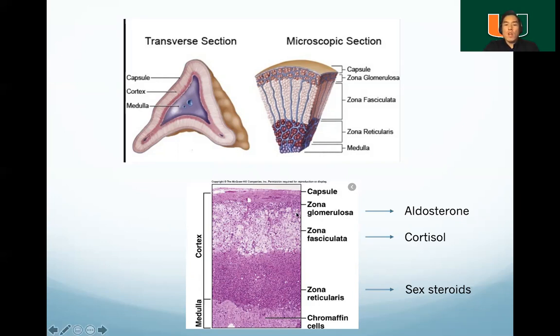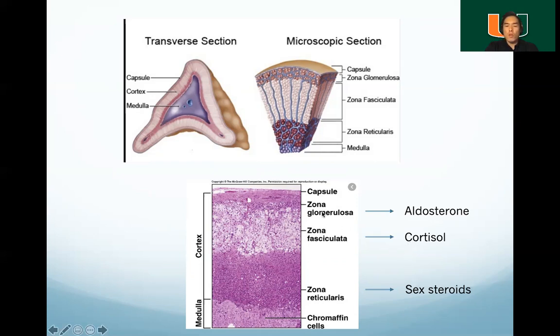So this is the histology, right? When we talk about the cortex, there are three zones: zona glomerulosa, zona fasciculata, and zona reticularis. This is a chromaffin cell, which belongs to the medulla. When we talk about the hormones, there are three hormones that we refer to as adrenal hormones: aldosterone, cortisol, and sex steroids.